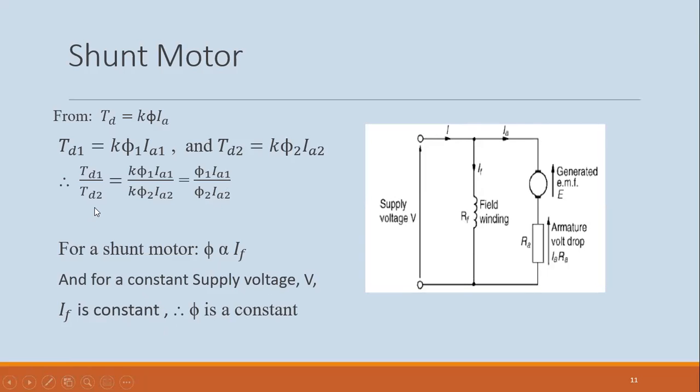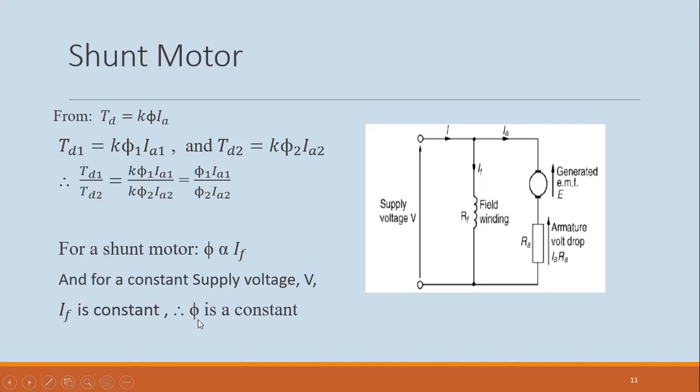Now in the lab, you saw where Mr. Campbell was varying the flux in the field winding. He had actually connected a variable resistor in the circuit and was varying the flux.